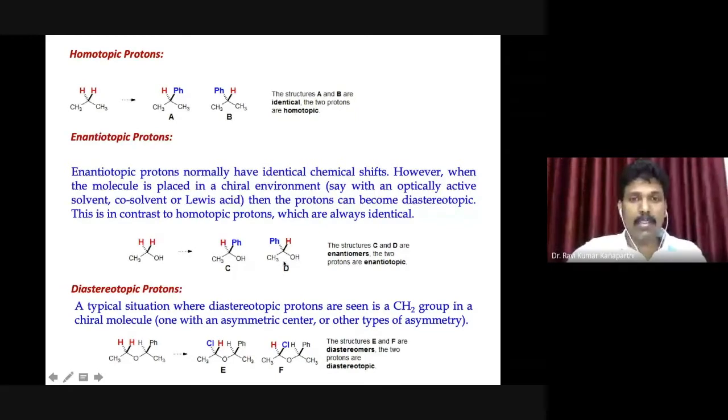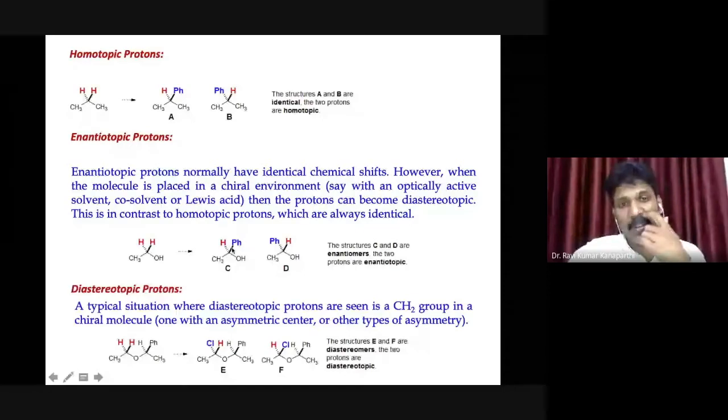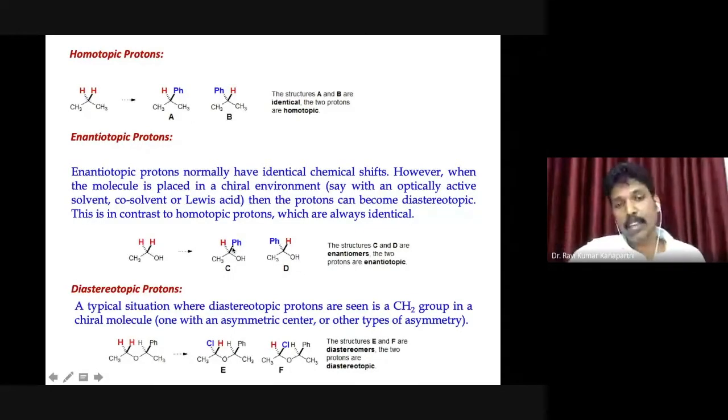You can notice here, this is a prochiral center, and when you place the phenyl on the rear side and the front side, we get two different structures, which we call enantiomers. Therefore, the ethanol protons are said to be enantiotopic protons.